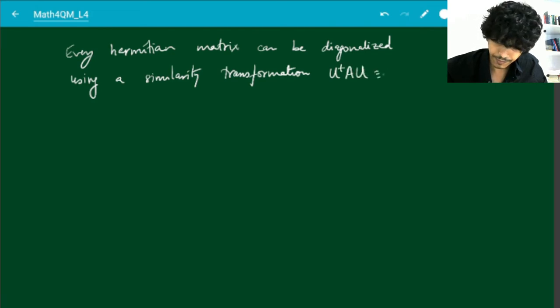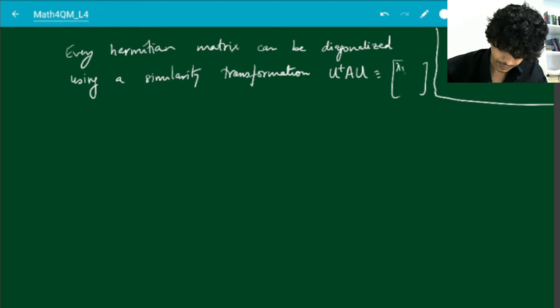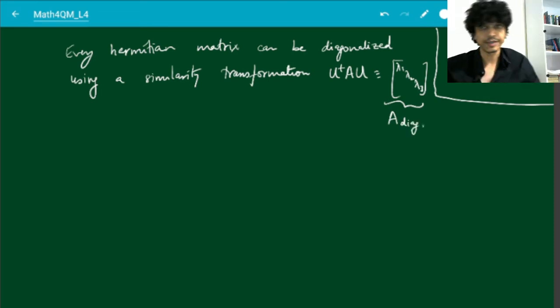And this diagonal matrix, which has those eigenvalues, is sometimes called A diag, just to indicate that it's that matrix A but in a different basis, a basis where it is diagonal.